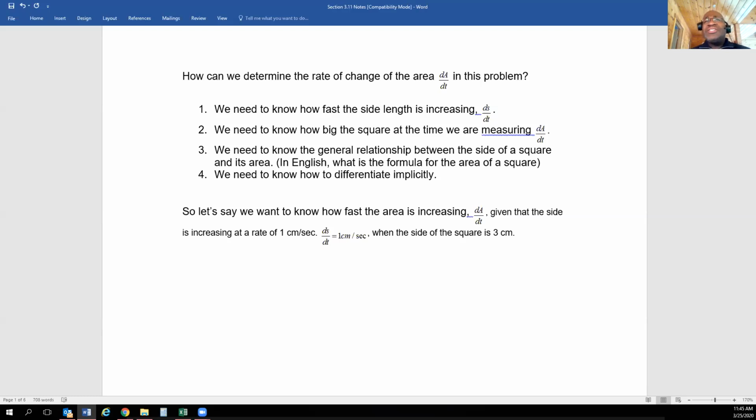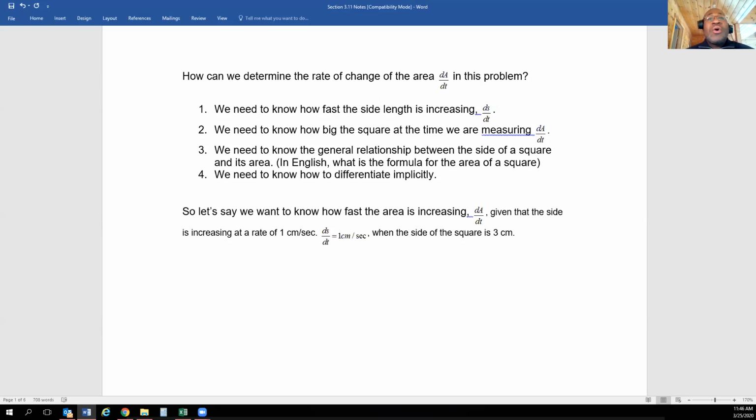Thirdly, we need to know the general relationship between the side of the square and its area. Basically, we just need to know the formula for finding the area of a square given the side of a square, which we know, and we'll get to that later. And then we need to know how to differentiate, because if we're trying to find rates of change, that's derivative speak right there.